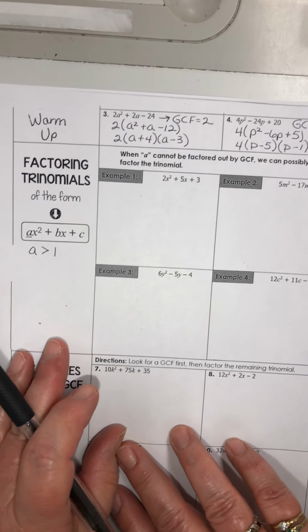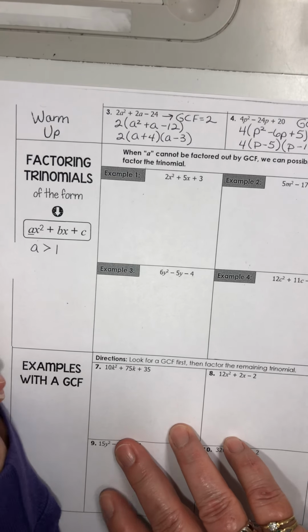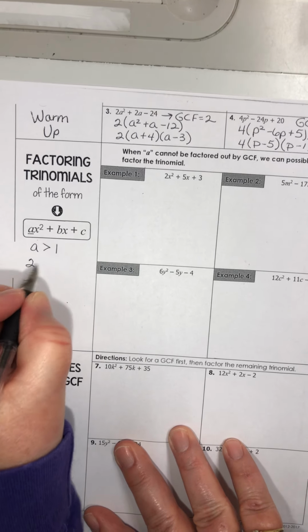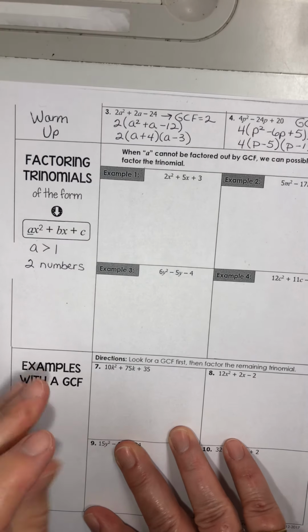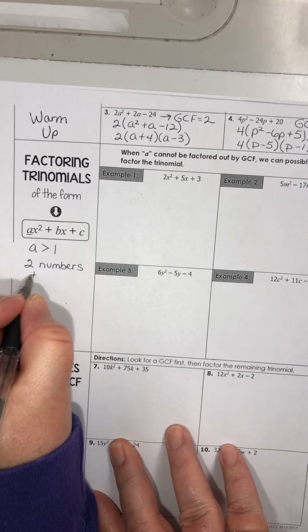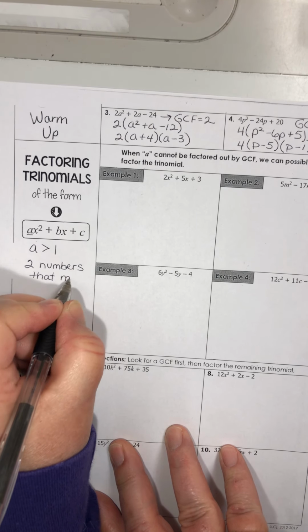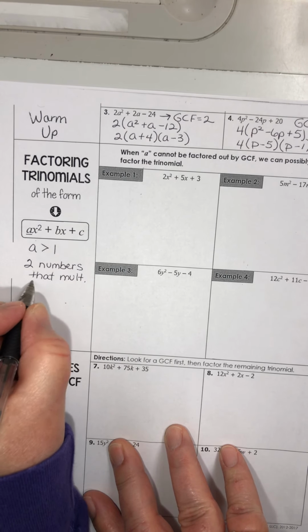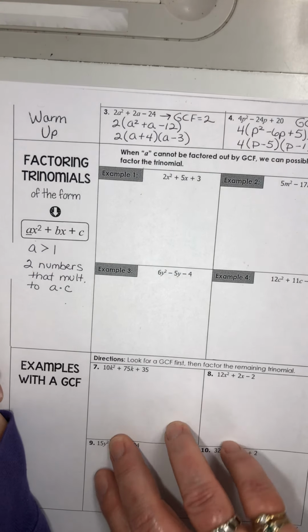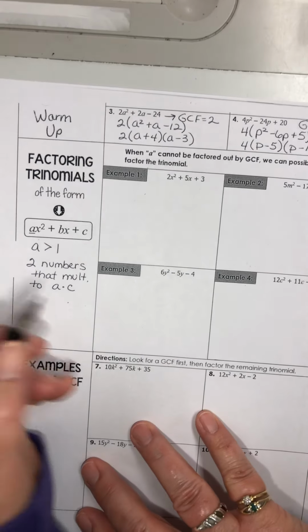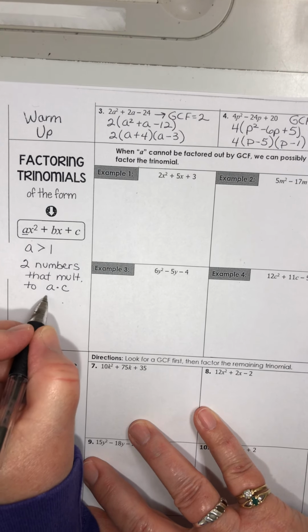Just a reminder, we're looking for two numbers that multiply to a times c. You may not know it, but you've been doing that, and we'll go back and look at that in just a minute.